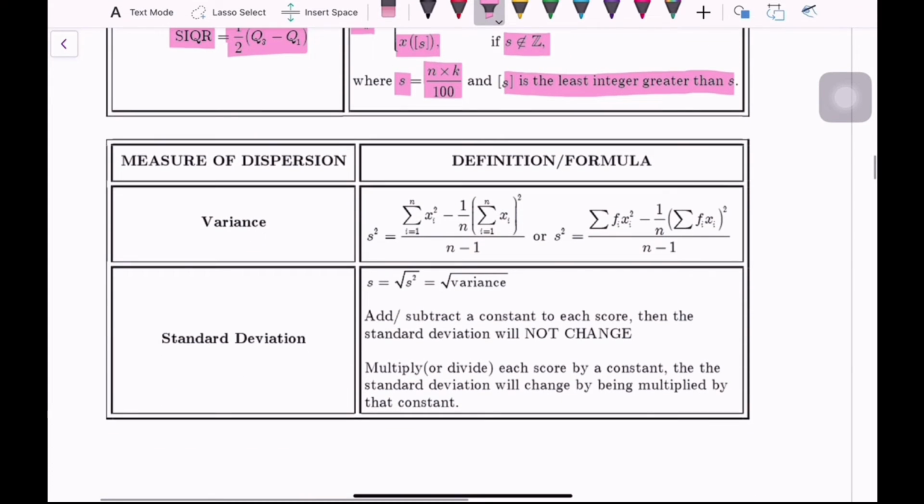For variance, the formula is sum of x squared minus 1 over n times sum of x, squared, over n minus 1.